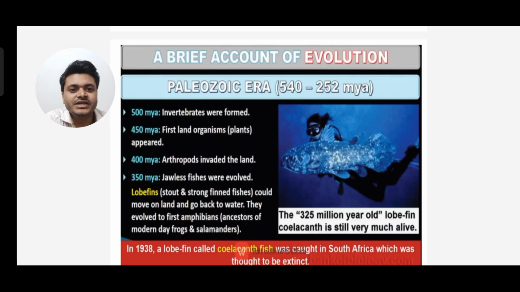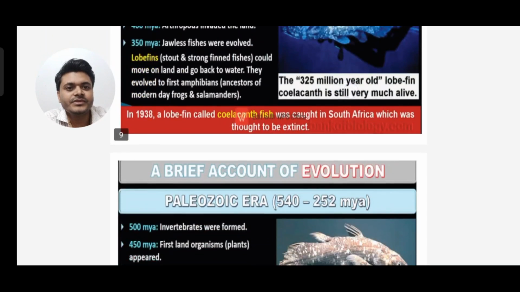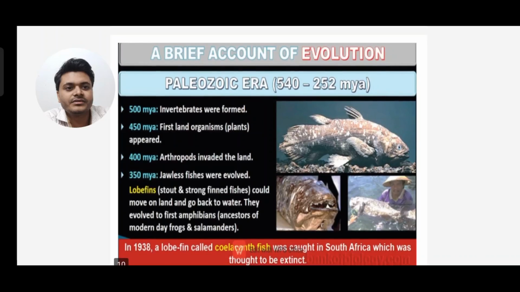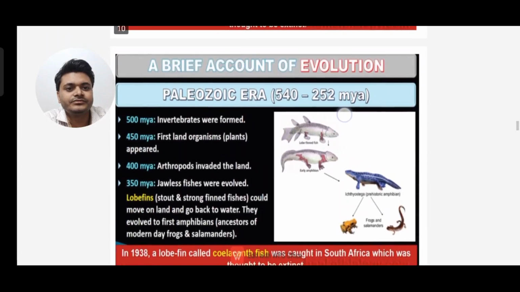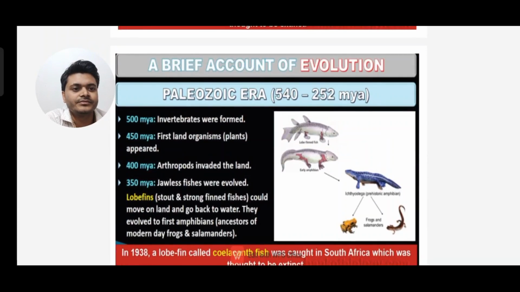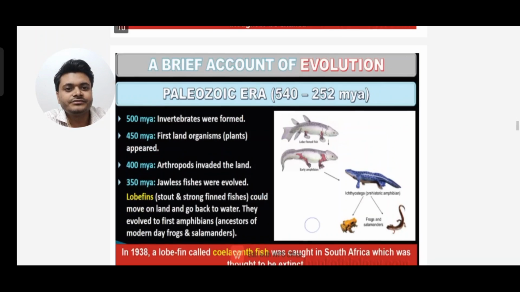So in 1938, a lobe-fin called Coelacanth was caught in South Africa, which was thought to be extinct. So you can see the pictures. It was caught from South Africa.